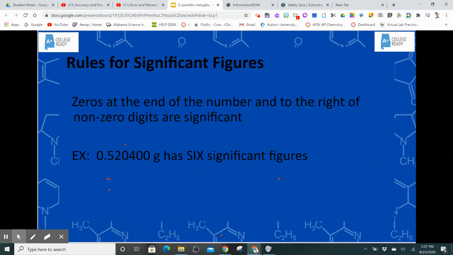Zeros at the end of a number and to the right of a non-zero digit are significant. So if they come at the end of the number, but they are to the right of a non-zero digit, then they are significant. So here's an example.